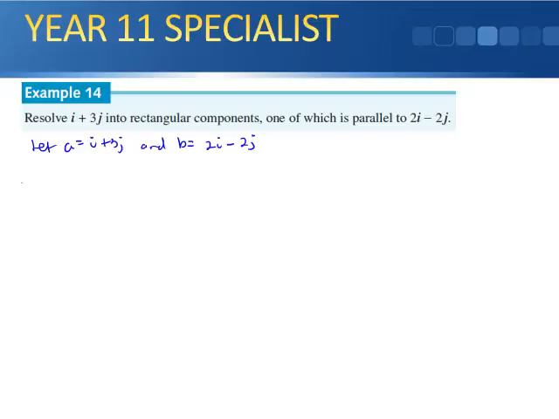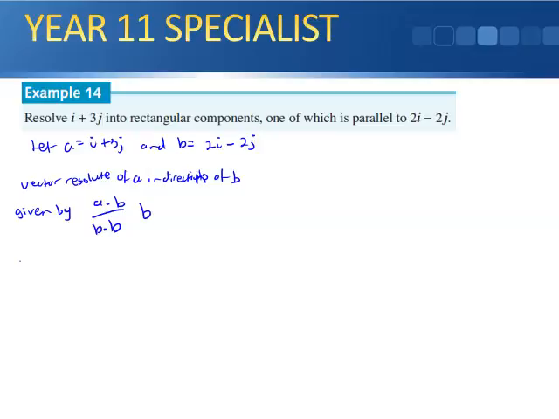So the vector resolute of A in the direction of B is given by, just so we have the rule here, A times B divided by B times B, and then the B there.